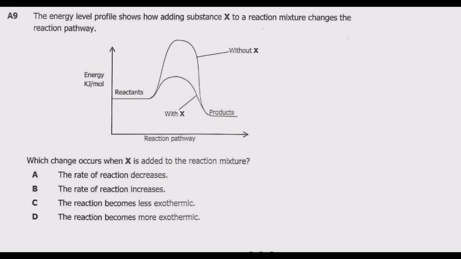So we need to understand a few facts about reaction pathways. The first thing we notice here is we have two activation energies. And in the first place, what is activation energy? Activation energy is the minimum energy needed for reactant molecules to have a successful collision and start the reaction.